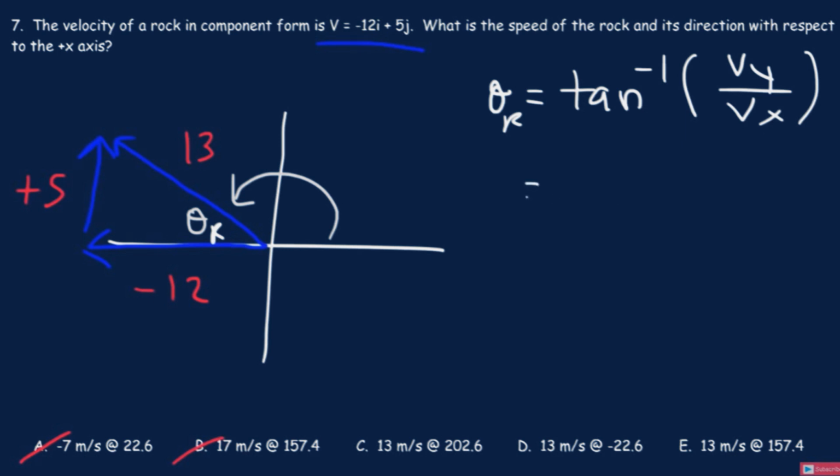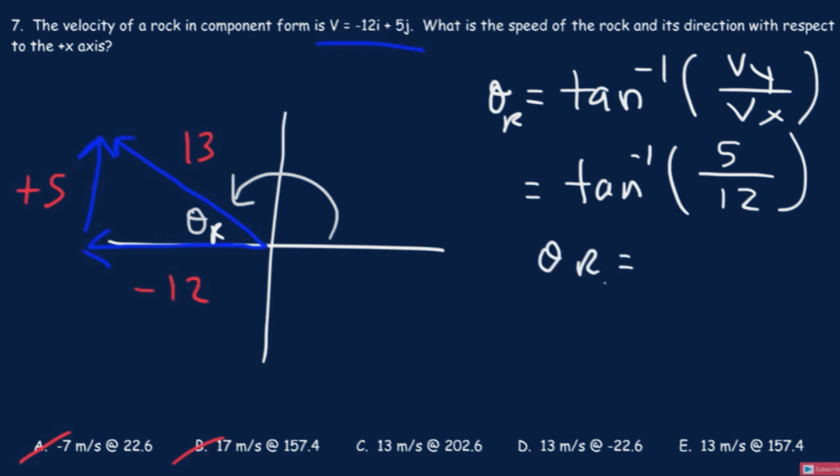So the y component is 5, and the x component is negative 12, but we are going to make it positive 12. So the reference angle, the angle inside the triangle, is 22.6 degrees.